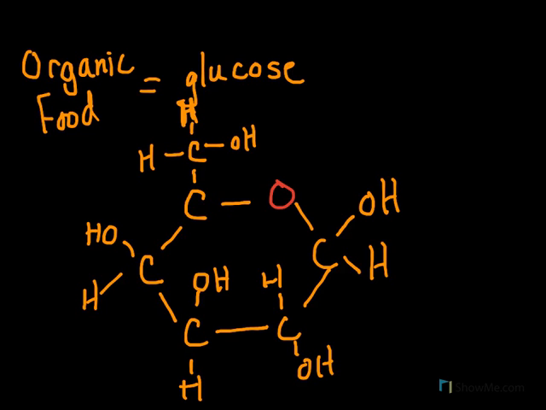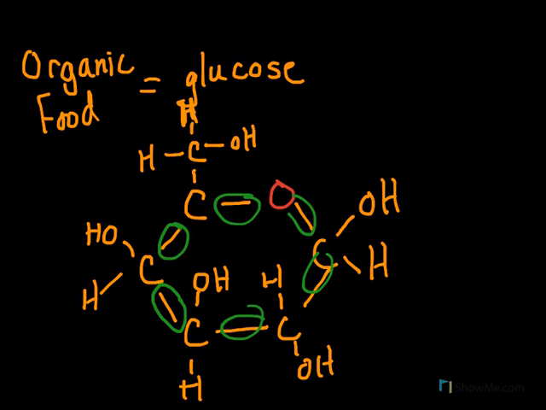If you take a look at glucose, you can see that there are quite a bit of bonds that hold glucose together. And those bonds are in between the atoms. So here's a bond, there's a bond, bond, bond, bond. So we break these bonds in chemical reactions and we release the energy.